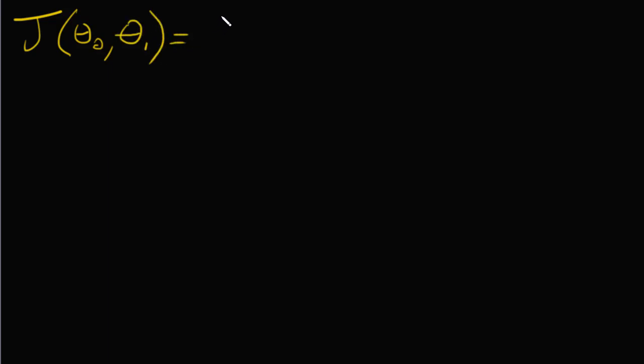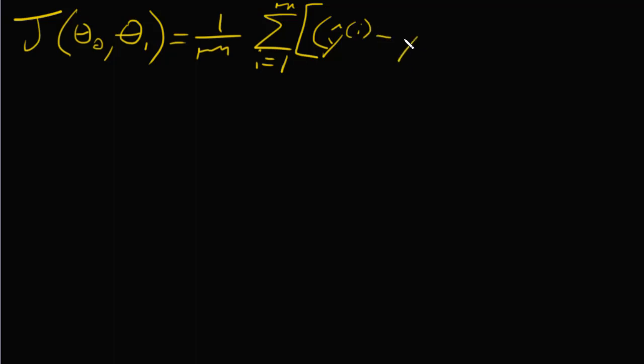It's equal to 1 over m, summation i from 1 to m of, and inside here we're going to have our y hat i minus y i, and then we are going to square that value.